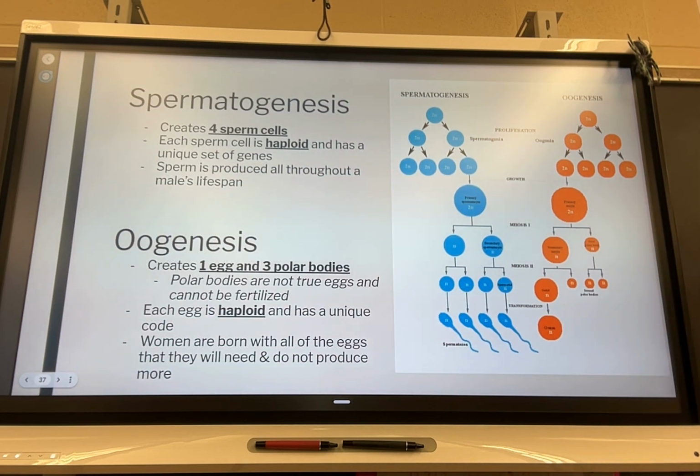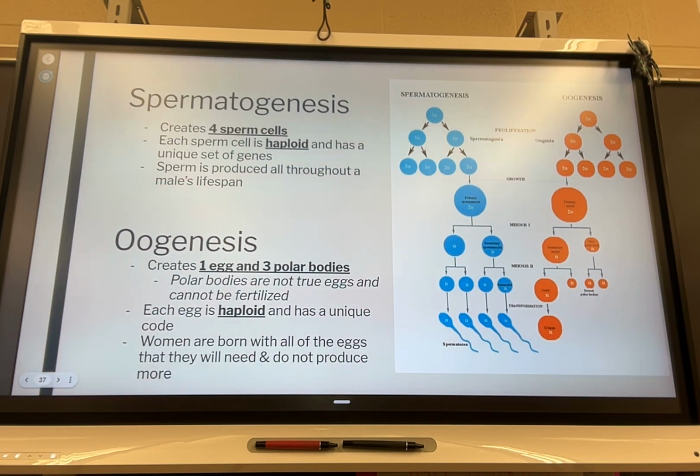So, why do both of these need to be haploid? Why do you think? They're both sex cells. So what are they going to end up doing? They're going to combine. If we combine two haploid cells, what do we get? A diploid cell. So we need half of our genetic material in one cell, half in the other cell.